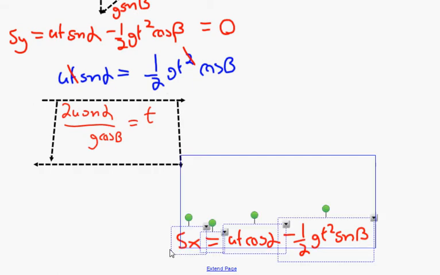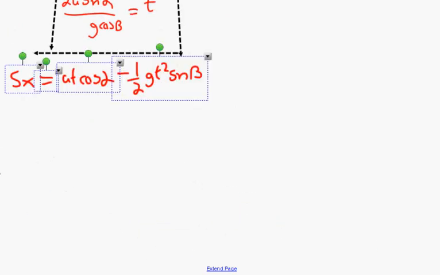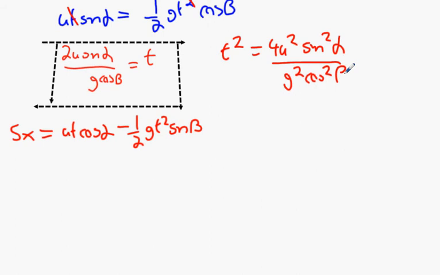Okay, let's begin. I'm going to just do t squared in the corner right beside it, just to save me the hassle. 4u squared sine squared alpha all over g squared cos squared beta. Is that alright? Just square it out before you even put it in. So it's going to be u cos alpha times whatever t is.